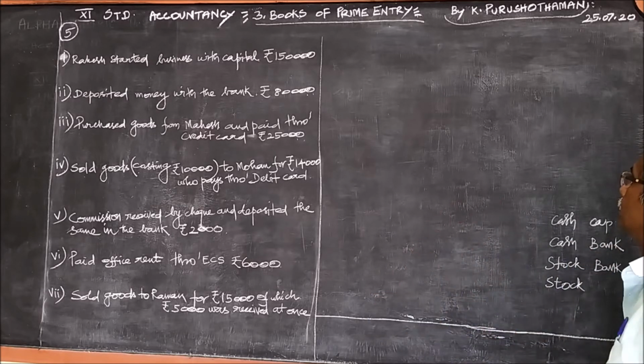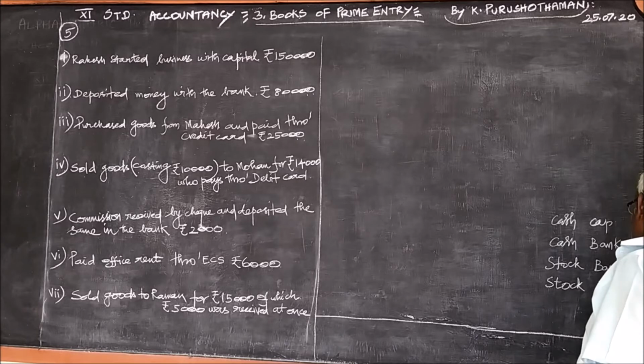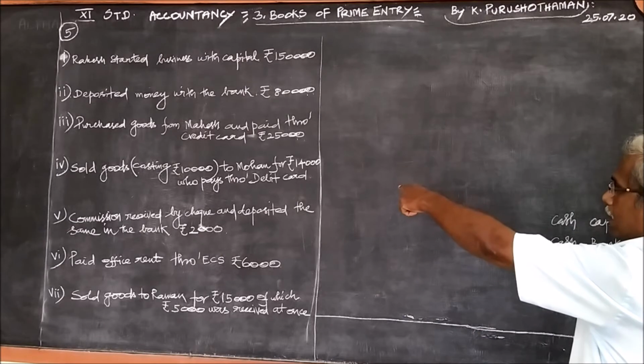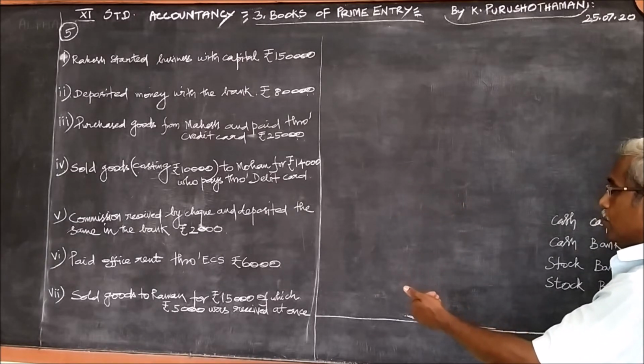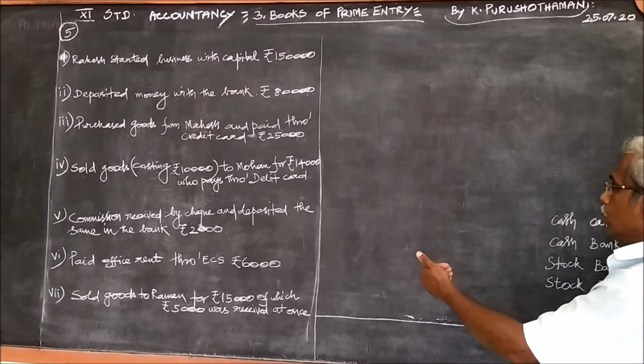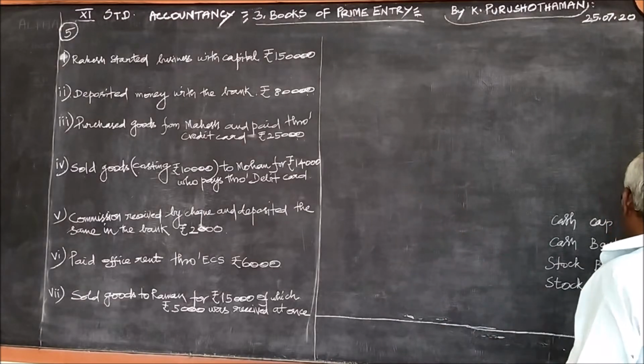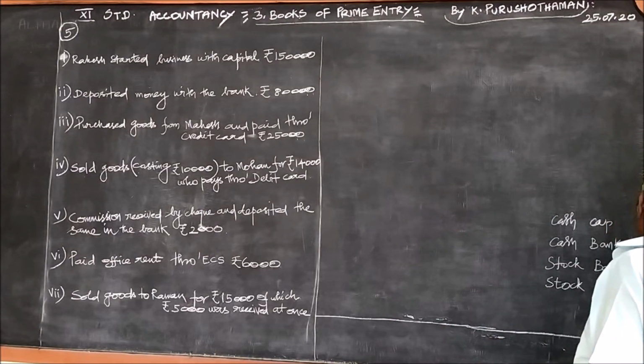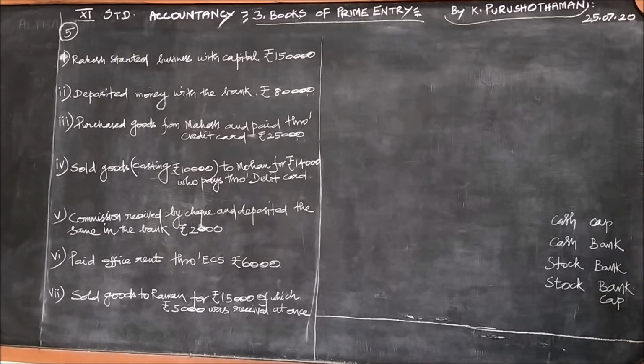And this money is paid through debit card, therefore it will come to our bank account. There is a profit of 4,000. 10,000 valued goods is sold for 14,000 and that 4,000 will be in the capital, as profit. Therefore, stock, bank, capital.